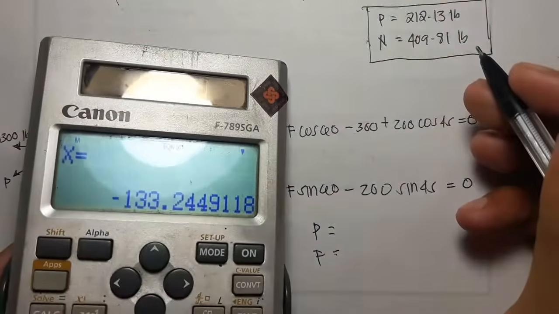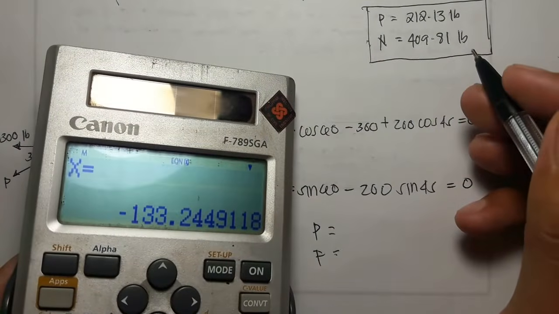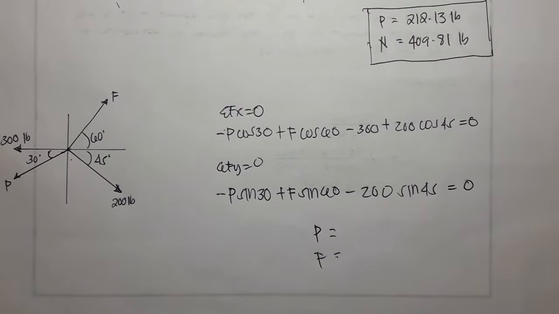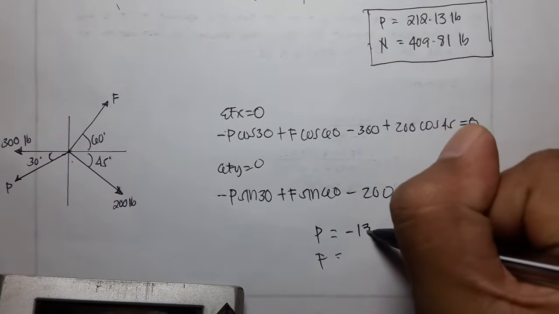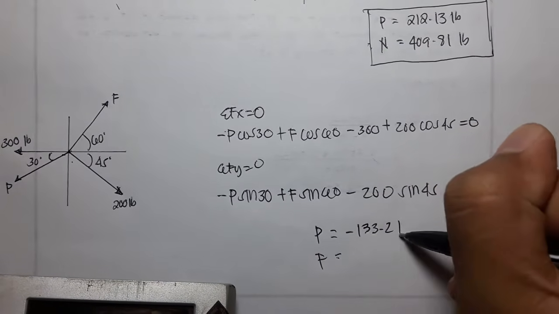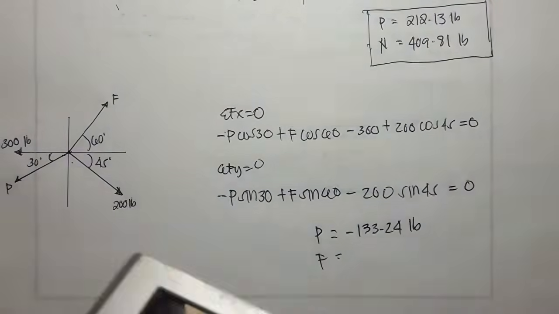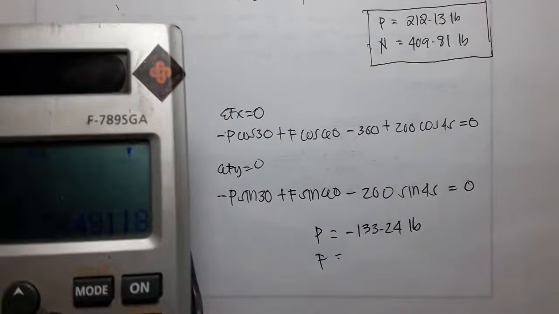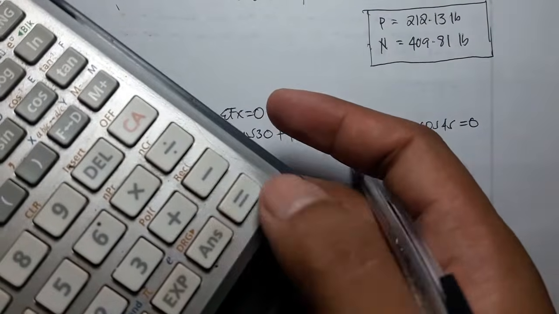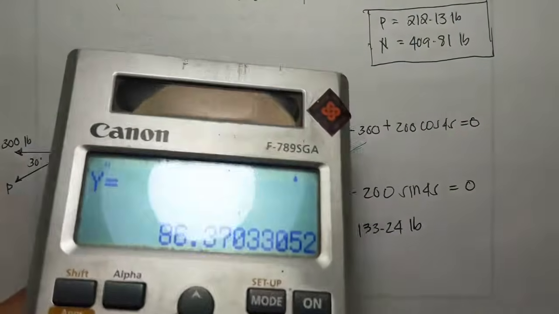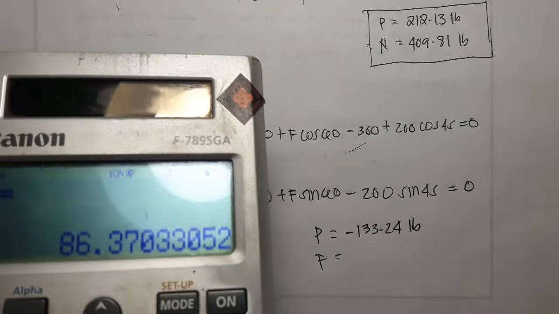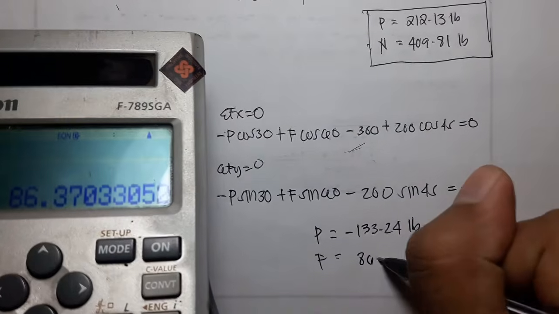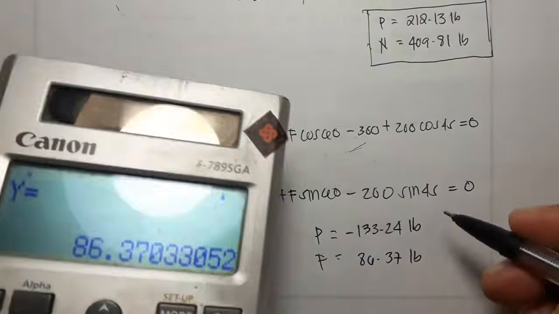So our P is negative 133.24 pounds, and for F, just press this equal button, so you will be directed next to our F. So F is 86.37 pounds.